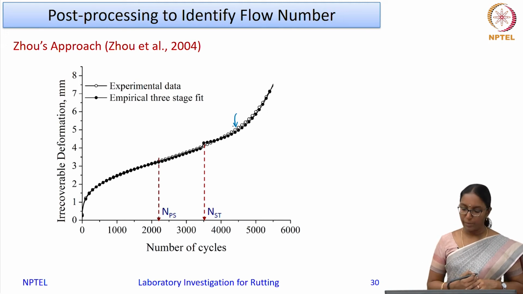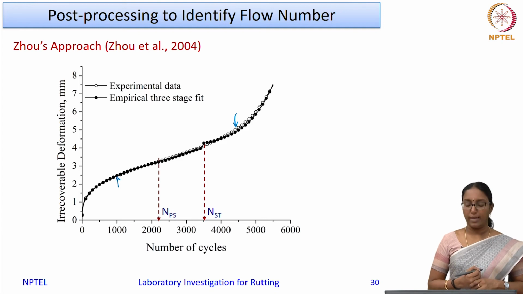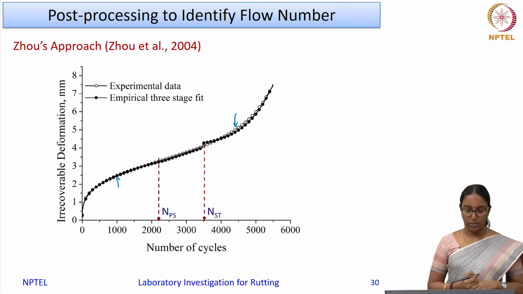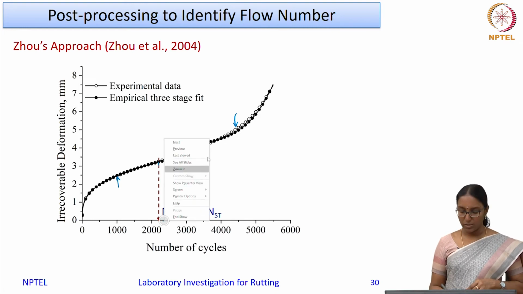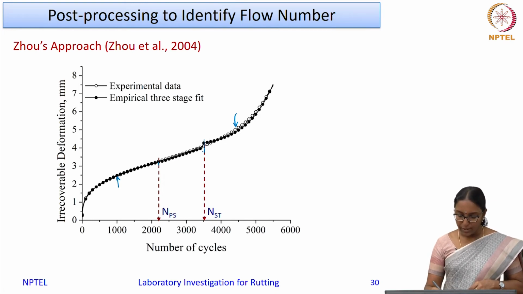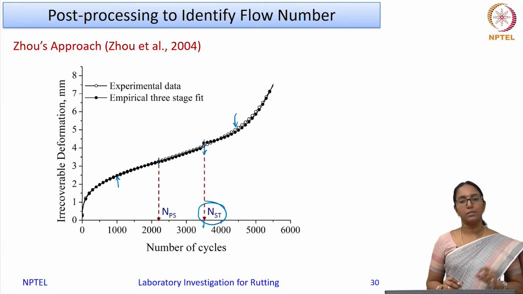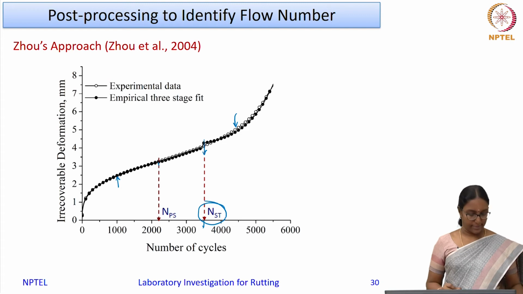The plot here with the hollow circles represents the experimental data, and the solid circles are the fit using Zhou's approach. Here, till here was identified as the primary stage, and this point is taken as the starting of the tertiary stage. This cycle here, say 3500 something, represents the flow number. So, that is an example.